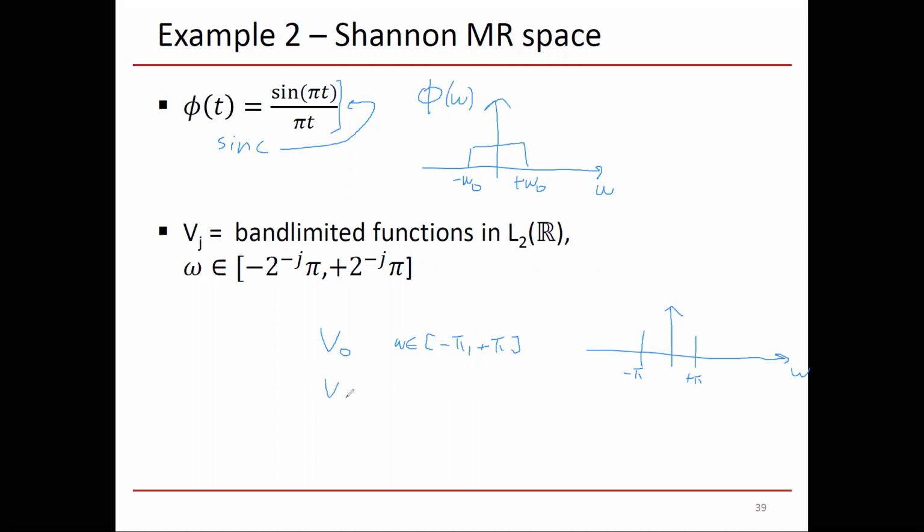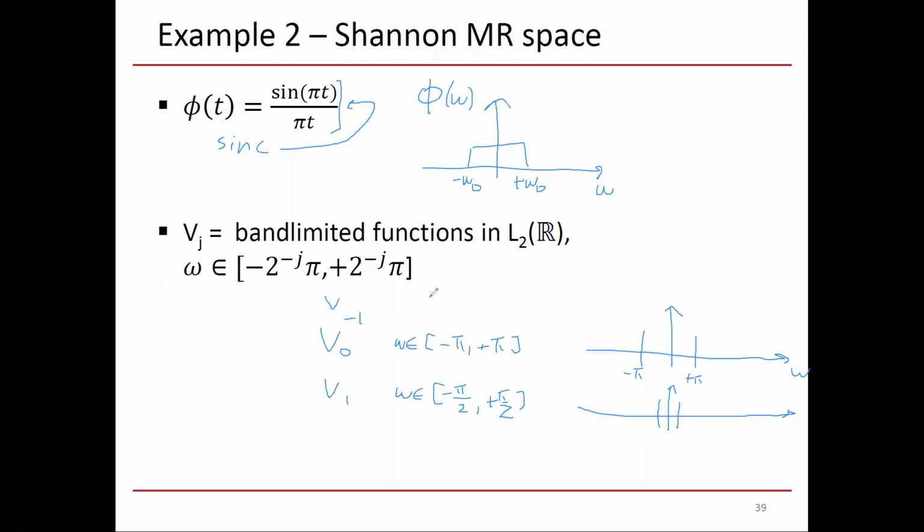What about V1? V1, so 2 to the -1 is half, and omega is between -pi over 2 and plus pi over 2. And now, with the same horizontal axis, I'm in a narrower range. What about V-1?